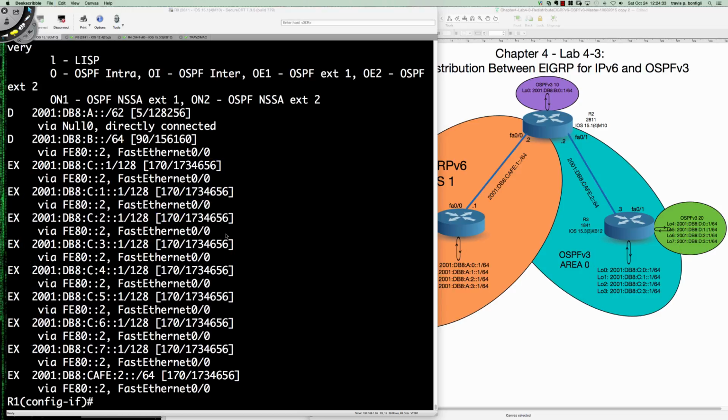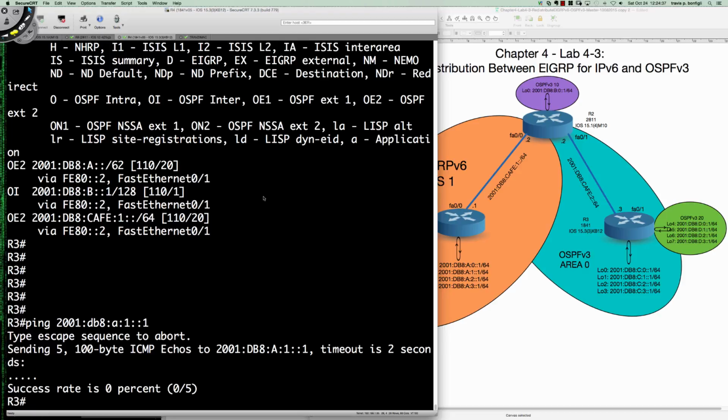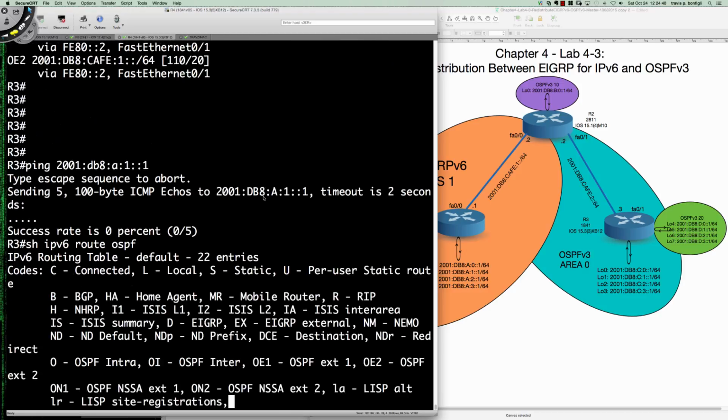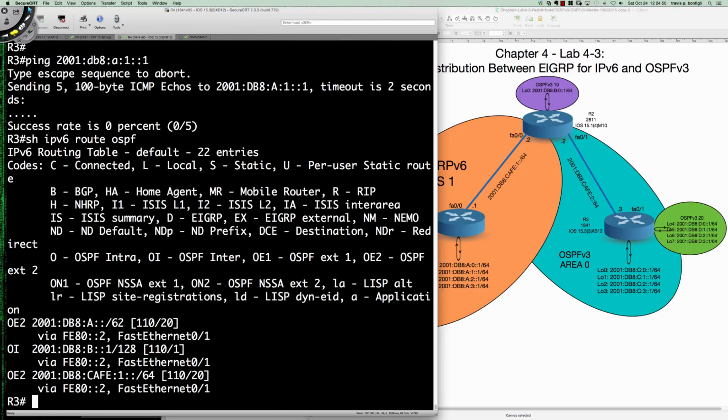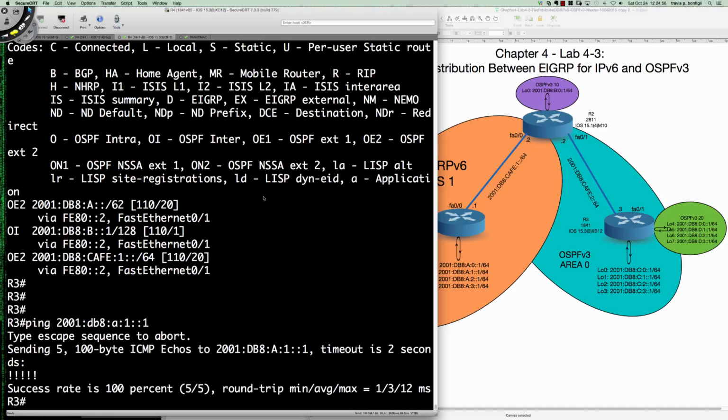So now the question is, if I were to test my ping from router 3, let's see what happens. And actually, let's see, do I have a route? We know we have the route over there, show IPv6 route OSPF. I know I have a route over there because it's part of that /62 summary, the first one we see there. So let's run that command again.